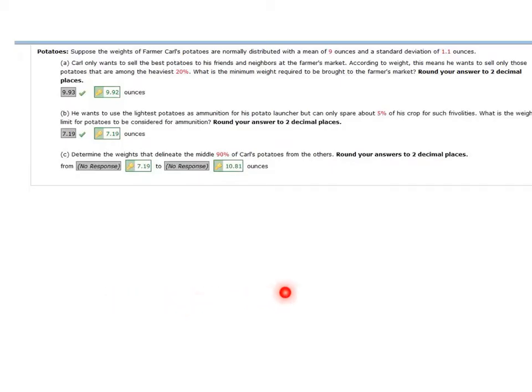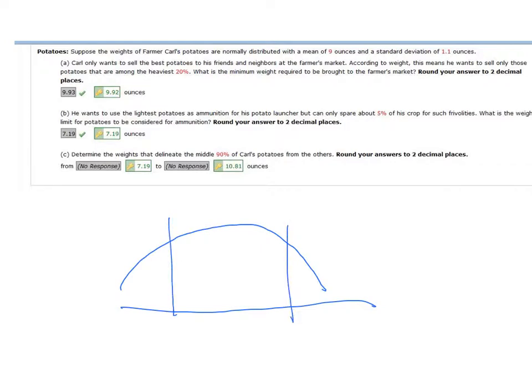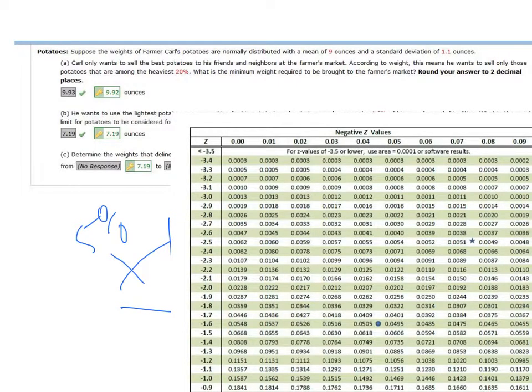This last one is, let's see, we determine the weights to delineate the middle 90%. Well, if there's 90% in the middle, there's 10% outside that range, which is 5% below it, 5% above it. So if we look at that table, I'm going to go inside this table and look as close as I can for 0.05.